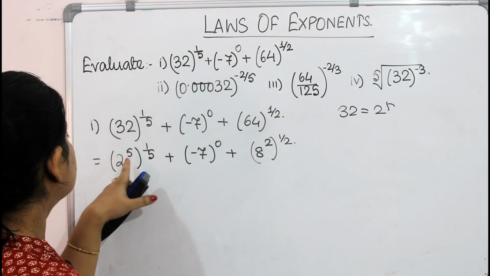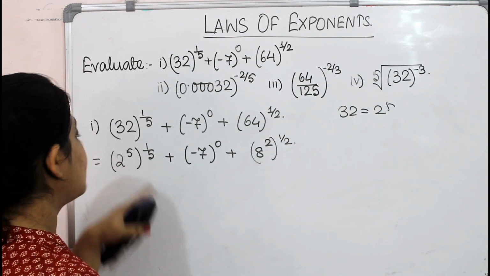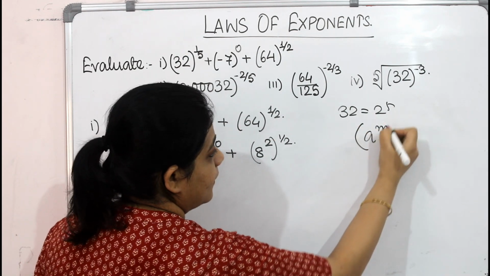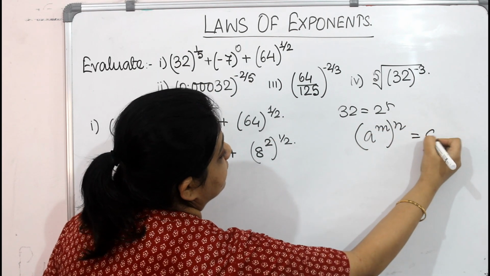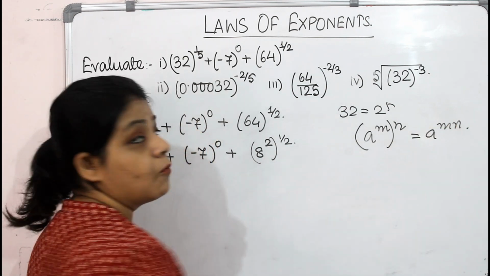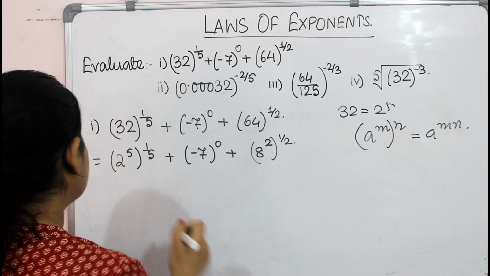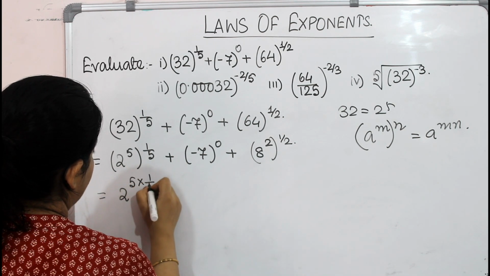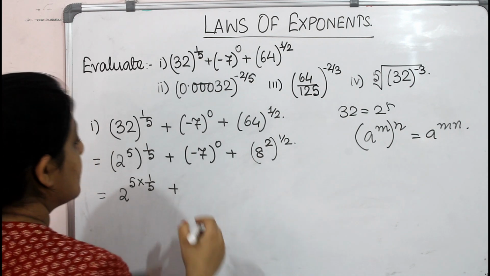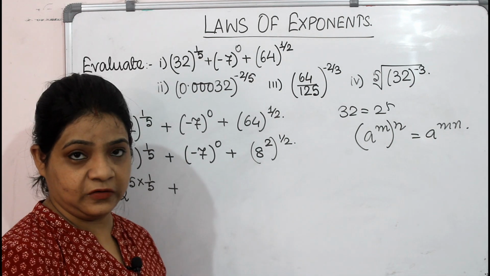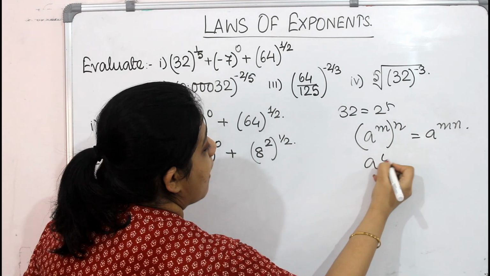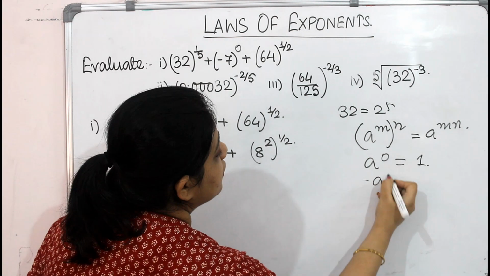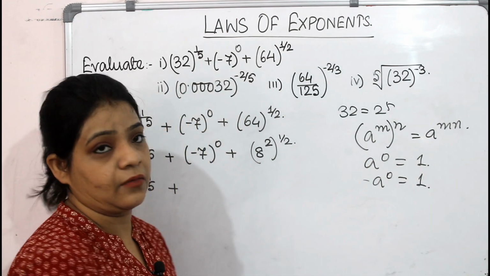Okay, so 2 to the power of 5 into 1 by 5, as I have already told you, if any a to the power of m to the power of n is written, we will just multiply both the two powers. So this will be 2 to the power of 5 into 1 by 5 plus minus 7 to the power of 0. That is a to the power of 0, we write it as 1, so minus a to the power of 0 will also be 1, right?